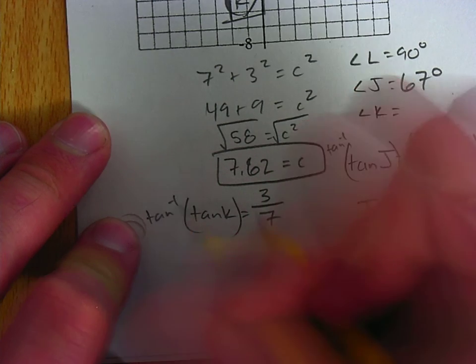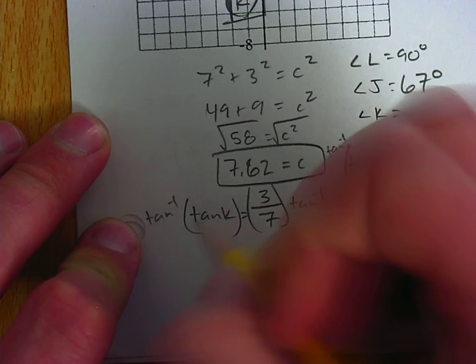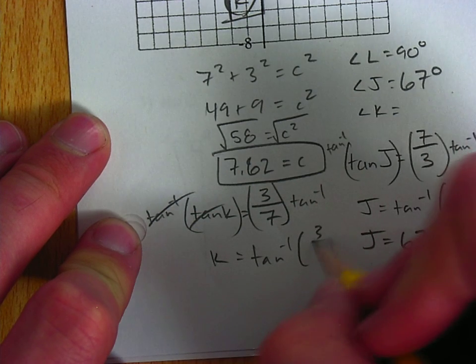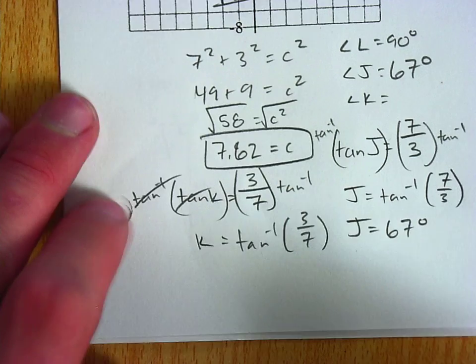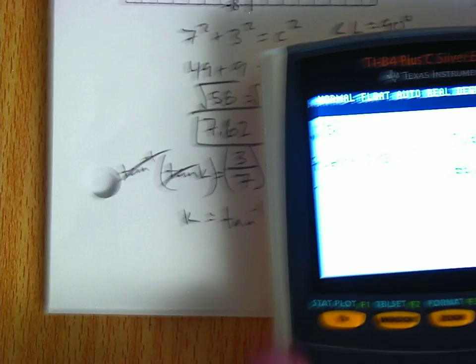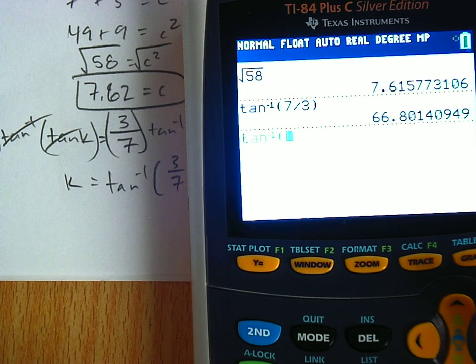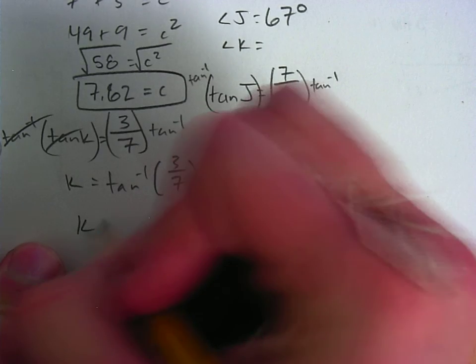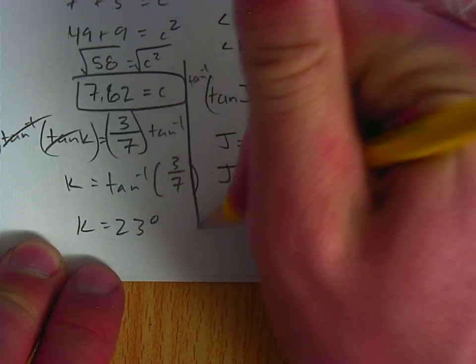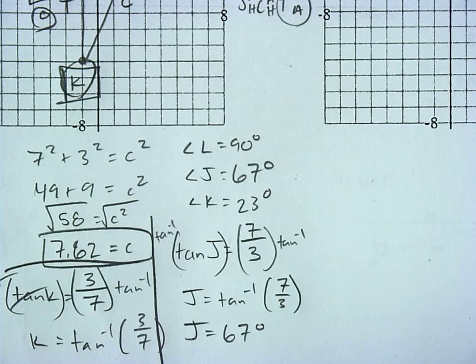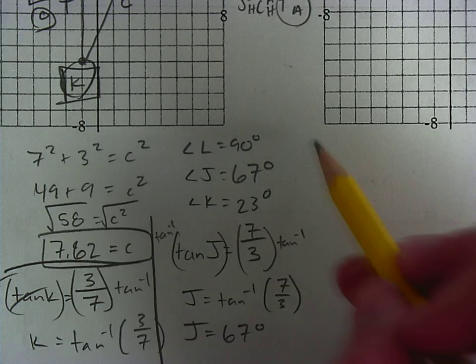We're going to do inverse tangent to solve for the angle K. So inverse tangent of 3 over 7. Now that we have K alone, we plug it into our calculator, second tangent of 3 over 7. We get 23 when we round to the nearest degree. So K is 23 degrees.